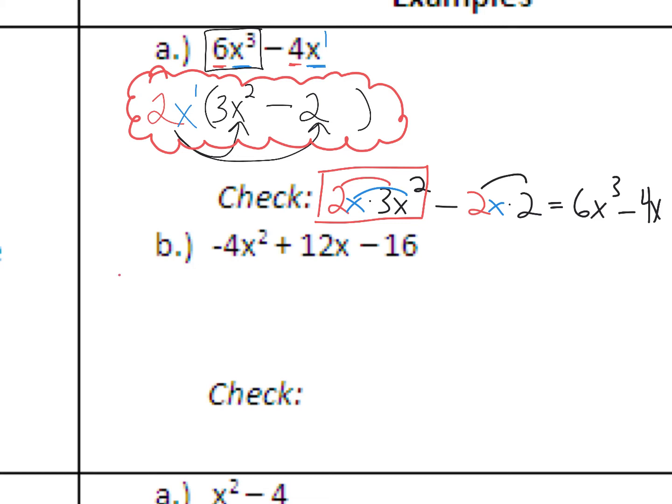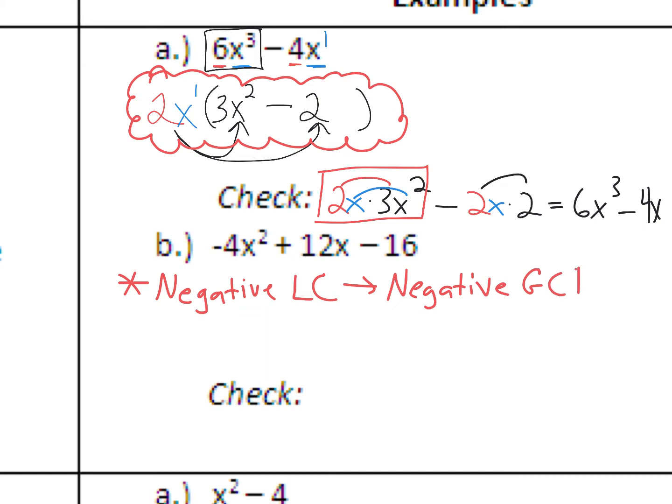In general, when you have a negative leading coefficient, we'll jot a note down: negative leading coefficient, which I abbreviate LC, means you want to pull out a negative GCF. So let's get that negative out of there.